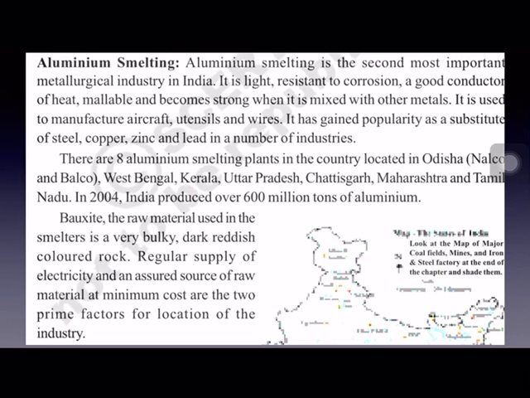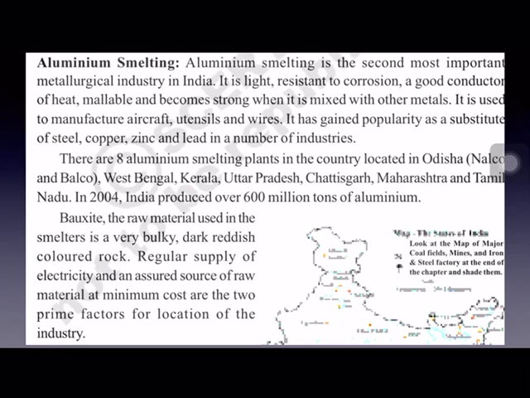It becomes very strong when it is mixed with other metals. So it is used in the manufacturing of aircraft, utensils, wires, etc. It has also gained popularity as a substitute for steel, copper, zinc and lead in many industries.